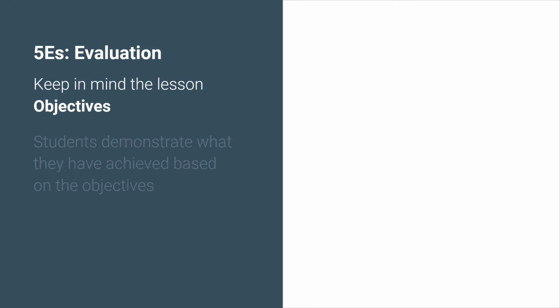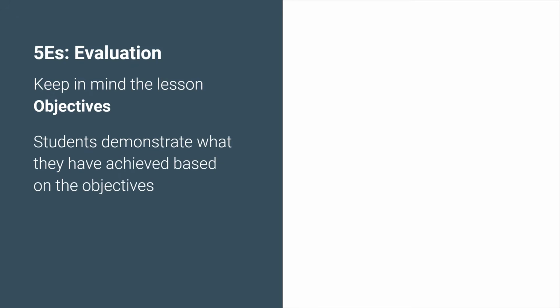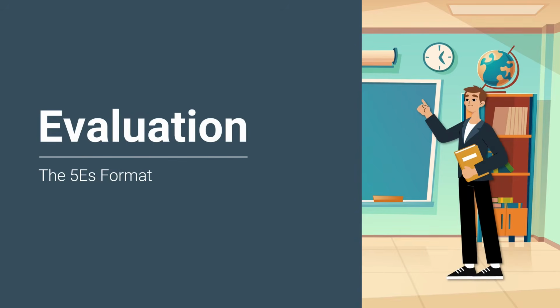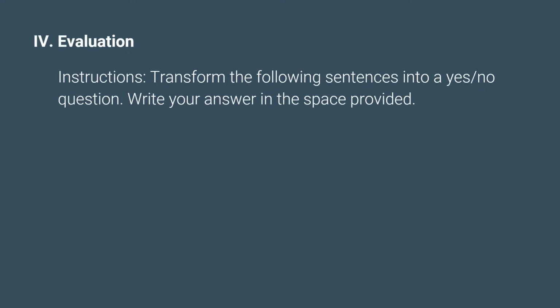For the evaluation part, the teacher must keep in mind the objectives set at the beginning of the lesson plan. Here, the students demonstrate what they have achieved based on the lesson objectives, while the teacher assesses their progress. 4. Evaluation. Instructions.